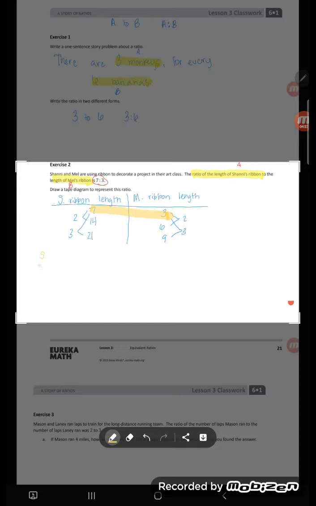So I'm going to write S for Shani, M for Mel, labeled and stacked. And I see my first number is 7. So I'm going to draw a nice long rectangle I could break into 7 pieces. 1, 2, 3, 4, 5, 6, 7. And then I want to keep the boxes roughly the same for Mel because we're comparing these two numbers.